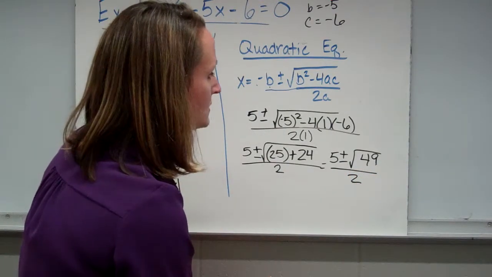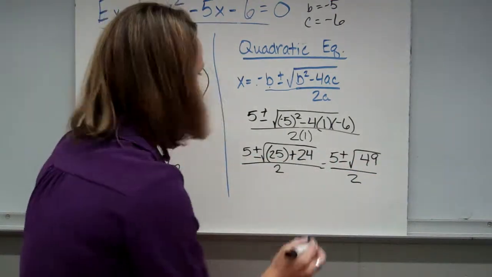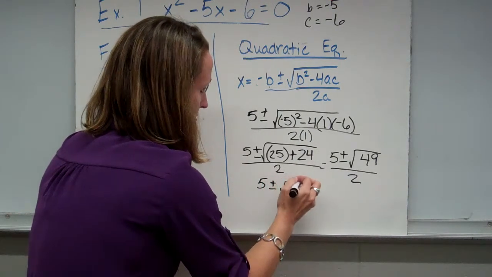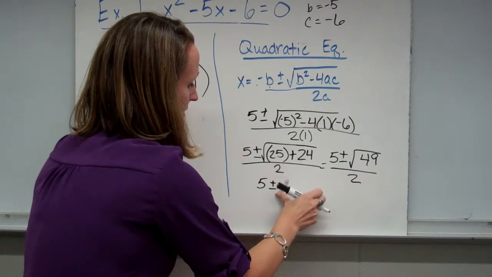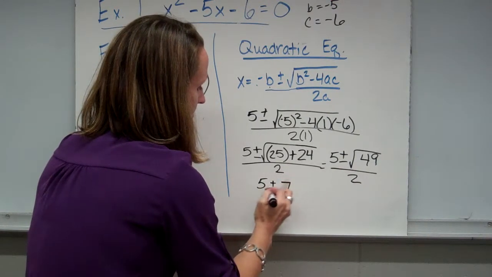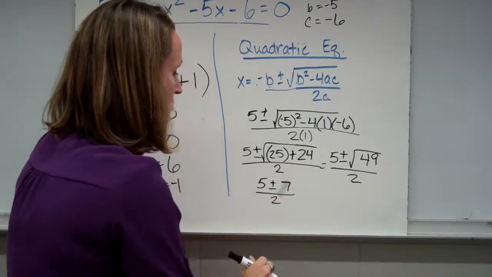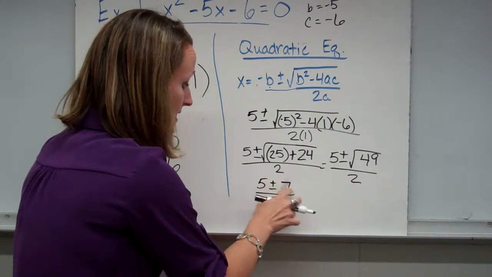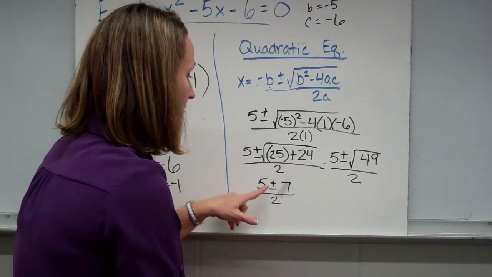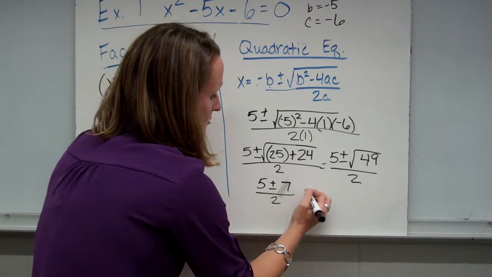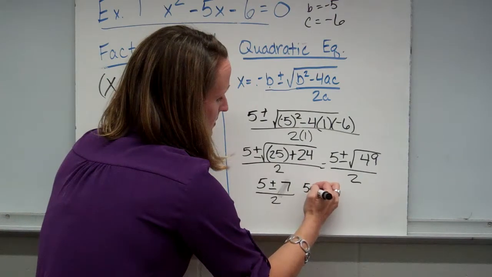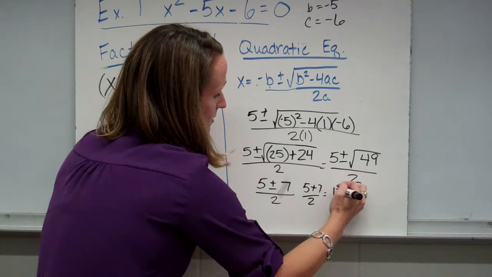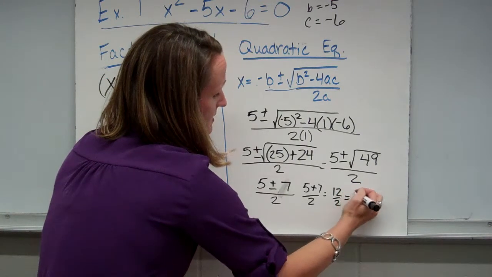All right, well, 49 is a perfect square, so we have 5 plus or minus the square root of 49, which I'm going to rewrite as 7, over 2. Now, we have two problems to solve. We have to do 5 plus 7 divided by 2 and 5 minus 7 divided by 2. So, 5 plus 7 divided by 2 is the same as 12 divided by 2, which is 6.